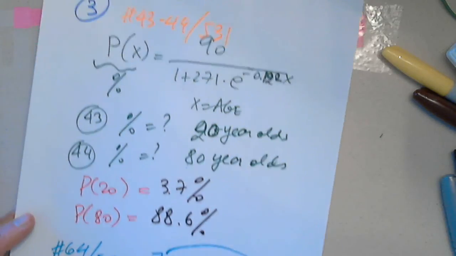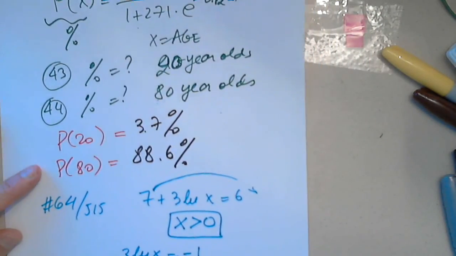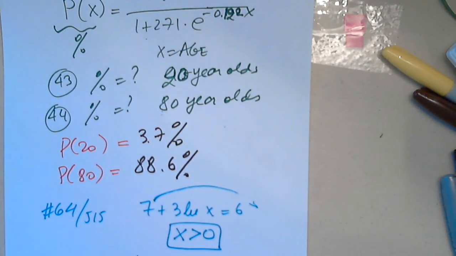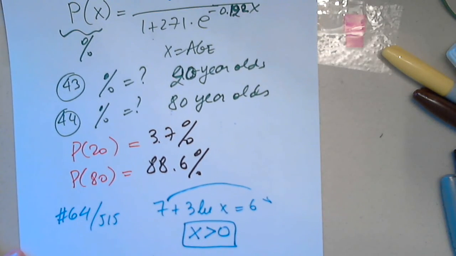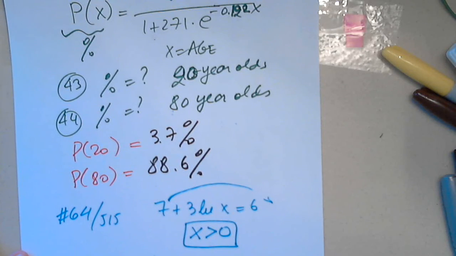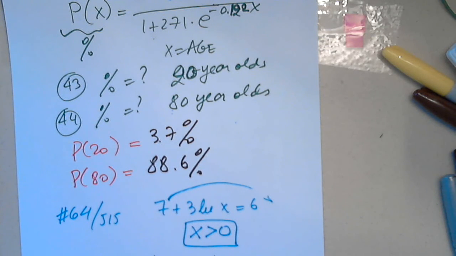We still haven't cleaned it up fully. What should I do next? So I moved 7 to the other side. But now I have one more step before I change it into an exponential. I divide by 3. Natural log x equals -1/3.